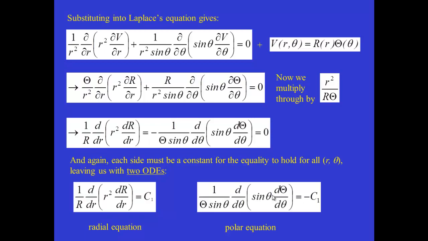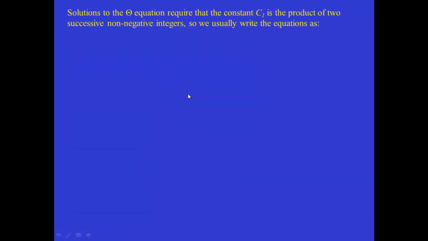There's something very special about these constants, c1, that appear in the spherical coordinate problem when we solve Laplace's equation. It turns out that the only way we can get solutions to the theta equation is when that constant c1 is the product of two successive non-negative integers. So that just emerges from the solution.